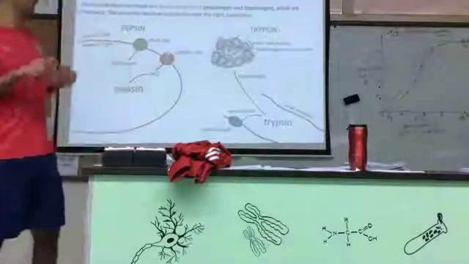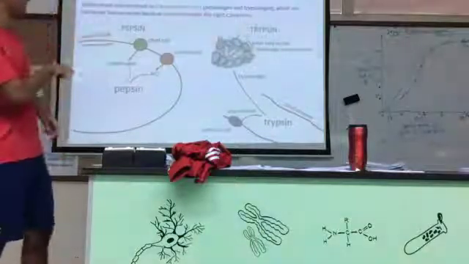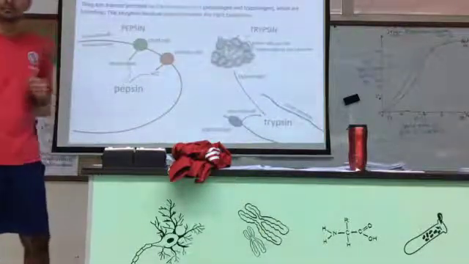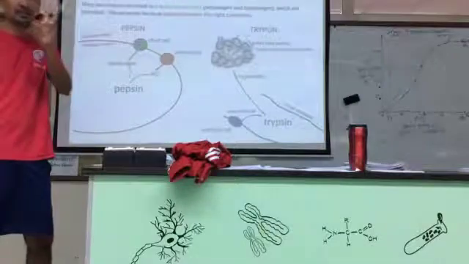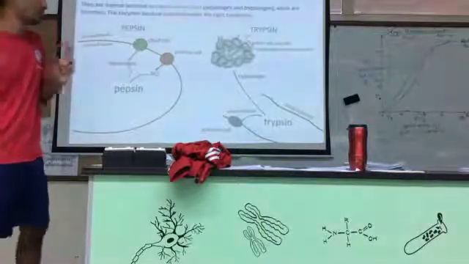So why do we need the acidic environment? One is to kill bacteria from food, but two is to activate pepsinogen so that it can break down proteins. Those two reasons for acid in the stomach are really critical.